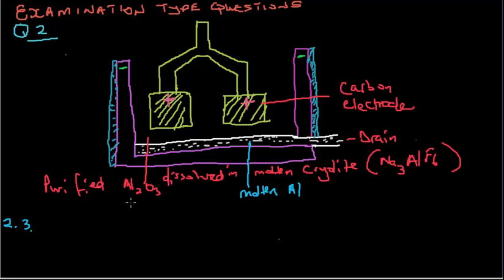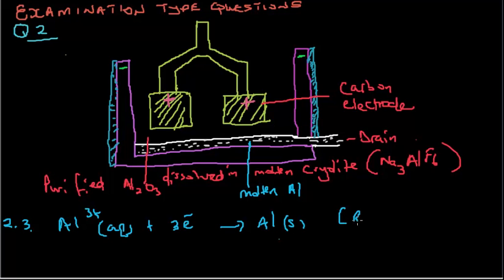At our cathodes, that is where aluminium is being formed. Therefore, we have aluminium 3 plus in aqueous form plus 3 electrons, and we form aluminium solid.